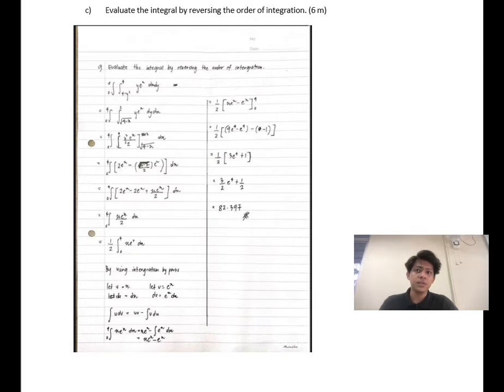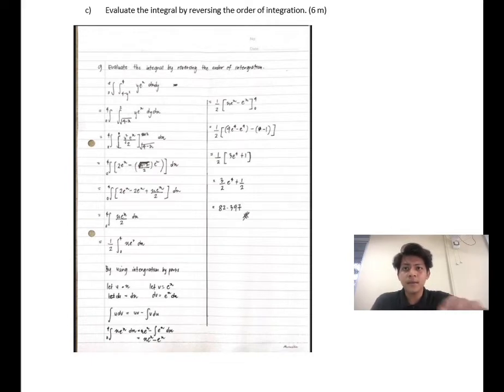Then we use integration by parts, so we let u equal to x, so du equals dx. Then we let dv equal to e to the power of x dx, so v equals e to the power of x. Then we use the formula uv minus the integral of v du.